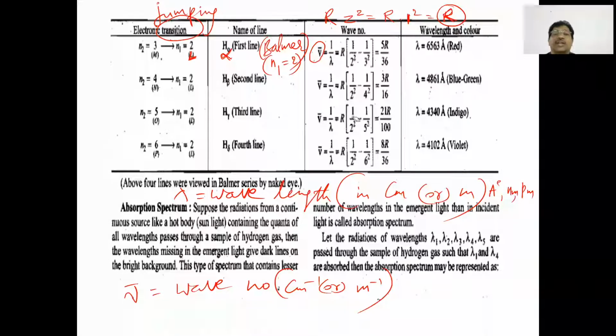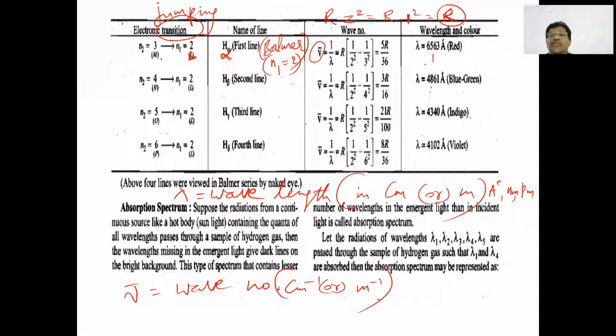Now listen carefully. Sometimes lambda will be asked in a problem to calculate. So 1 by lambda is equal to 5R by 36.